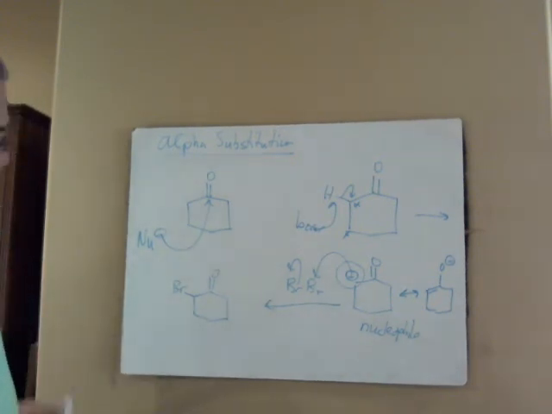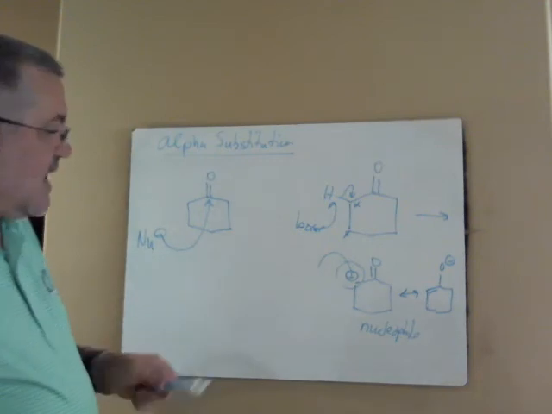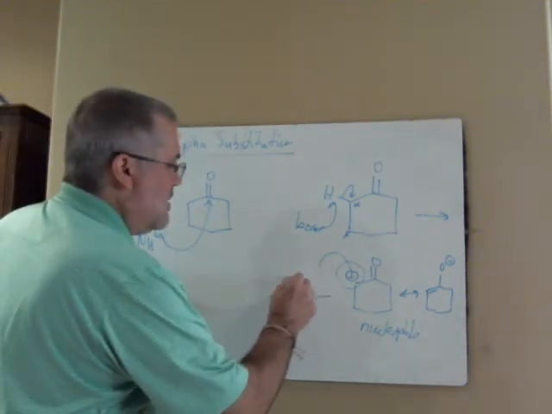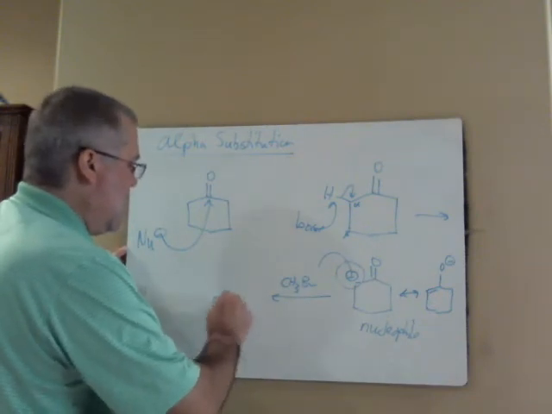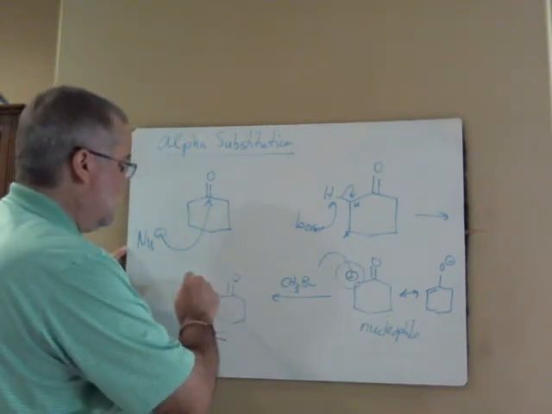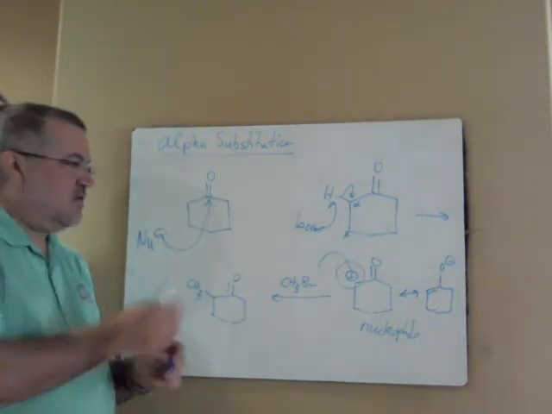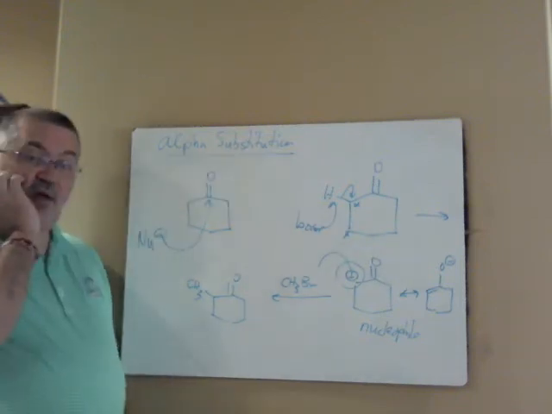We could also react it with a primary alkyl halide, for example, and we could alkylate it at that position. So in essence, that is what alpha substitution is.